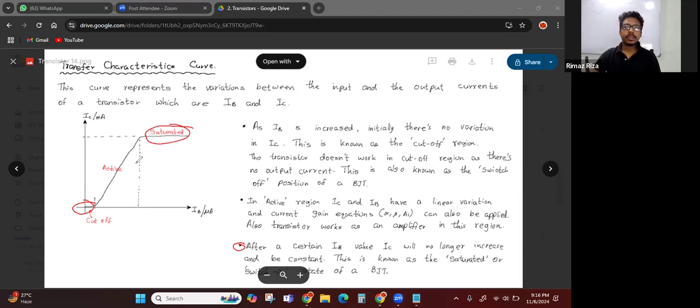Now if you want to use it as an amplifier, you use the active region. Signal amplifier we use in the active region. So these regions we use for the transistor as a switch, and this region we use for the transistor as an amplifier. Here we will also mention that during the transfer characteristic curve, the VCC value is kept constant.